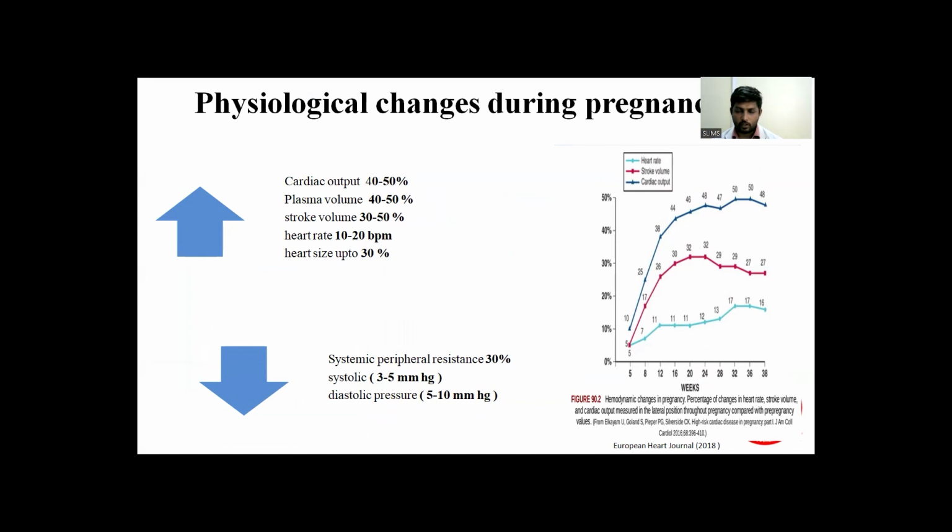Along with that there is a decrease in systemic peripheral resistance, and a decrease in both systolic and diastolic blood pressure. Heart rate, stroke volume, and cardiac output start increasing from 5 weeks and peak at almost 24 weeks. After that, it becomes stable later.